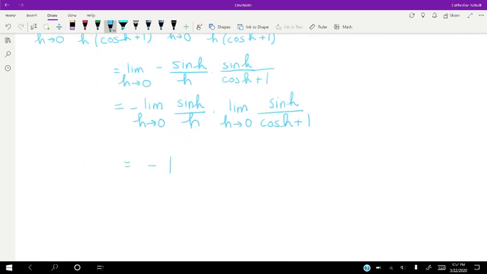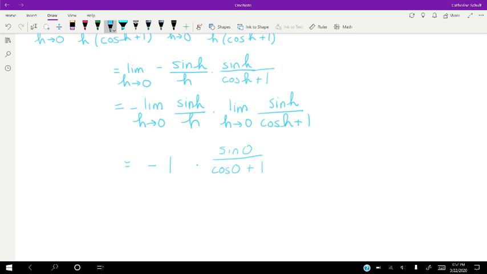So negative 1. And now this, we can actually plug in the 0 finally, because this is why we couldn't plug in the 0. This was making our denominator 0. But we just got rid of that. We said it was 1. And now let's plug in the 0 here, because now it's part of the domain. So sine of 0 over cosine of 0 plus 1.